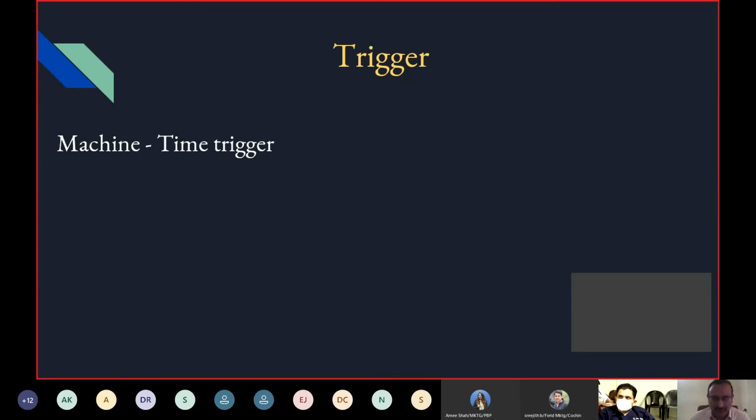Now, coming on to trigger. Suppose the patient is having just mandatory breaths, and you are setting the respiratory rate at probably 12. So 60 seconds divided by 12 is 5 seconds per breath cycle.